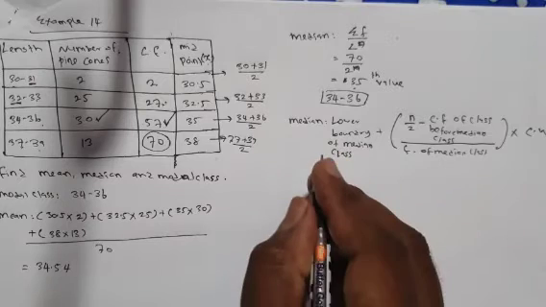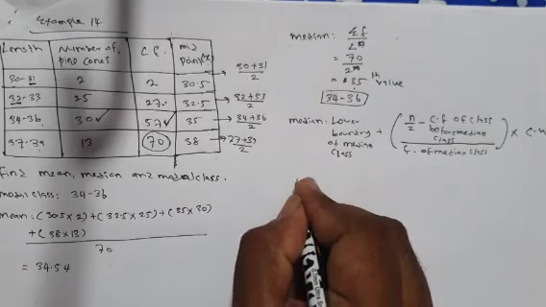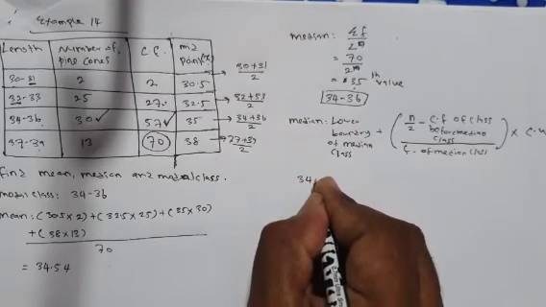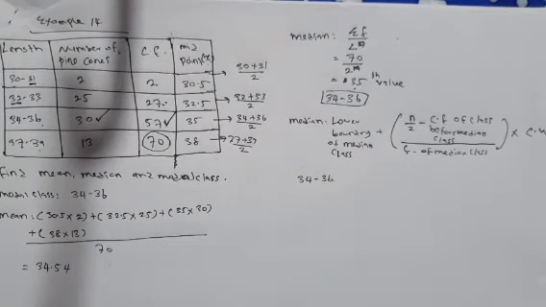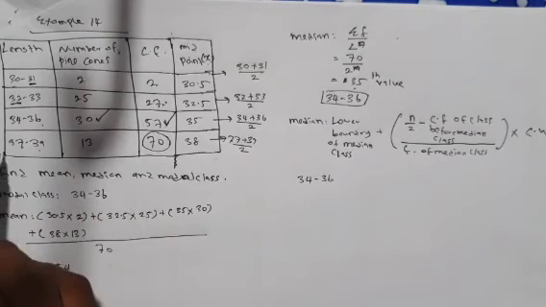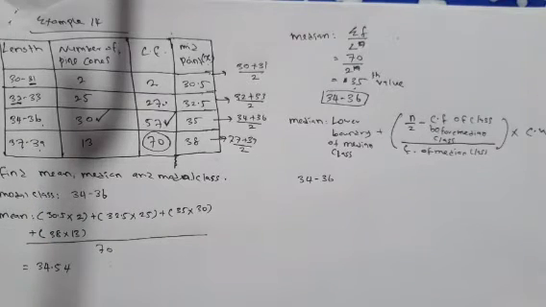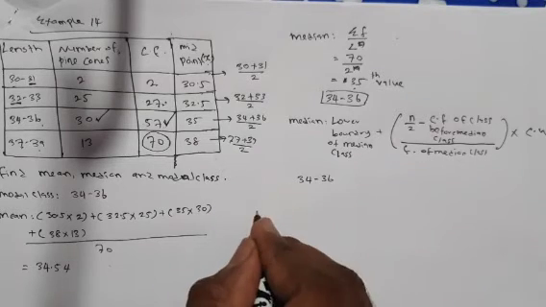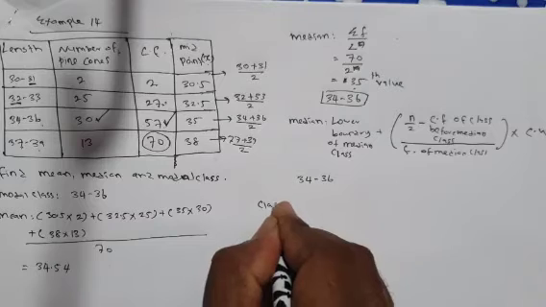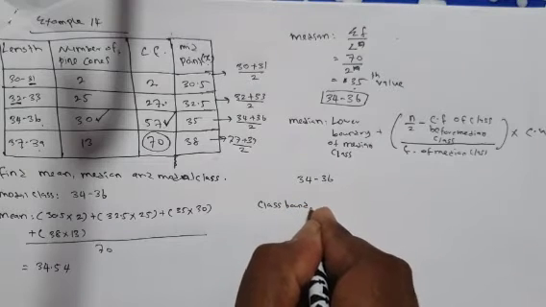Okay, so let's see how to apply this. We found that our median range was 34 to 36, right? So previously as discussed, this data is discrete, not continuous. But to find the median, we need to make it continuous. So how do we make this continuous? We find the class boundaries.